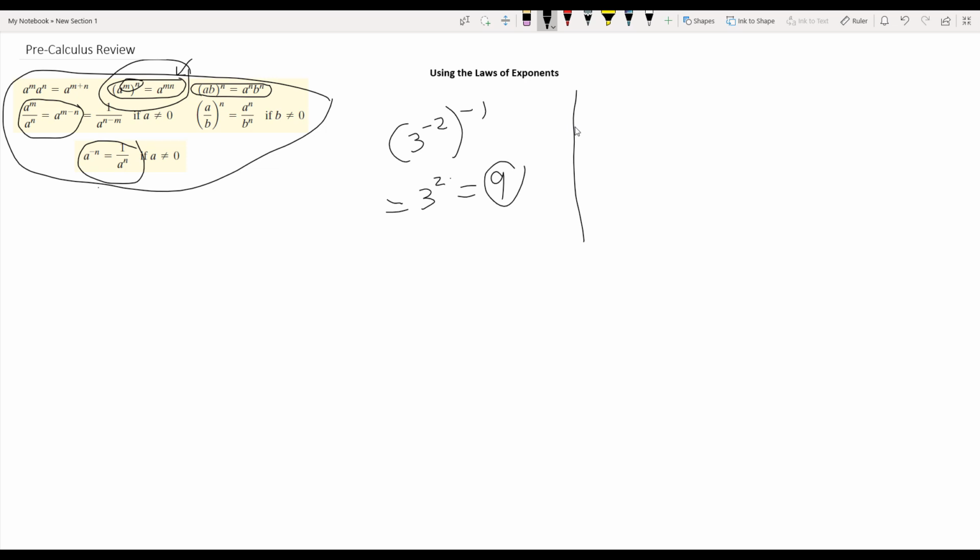Okay, so let's do another one. Now we got 8x to the cube, and all of that to the second power. So here is the same concept, but you have an 8 in the coefficient. So you have to do something with that 8 as well, because the exponent is saying that this 8 is also squared.